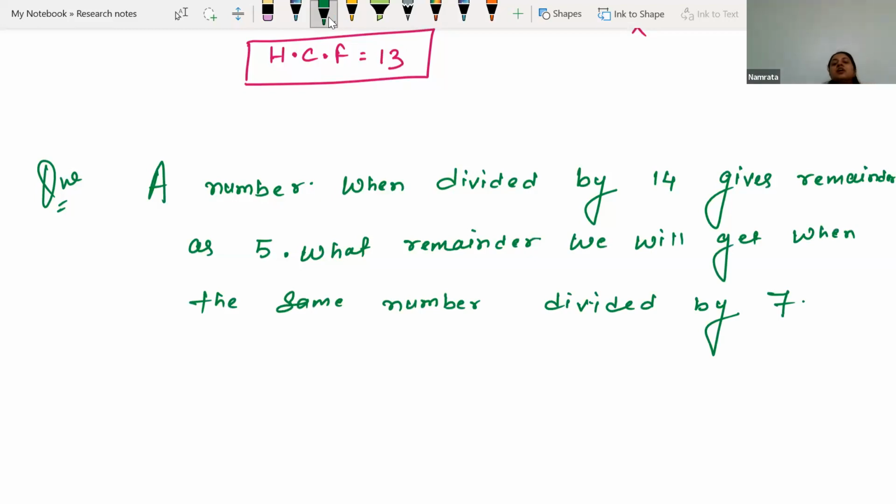So a number when divided by 14 gives remainder 5. What remainder will we get when the same number is divided by 7? What to do over here?